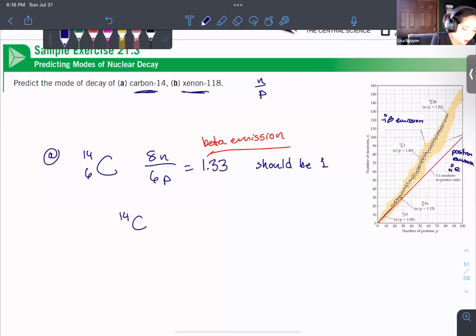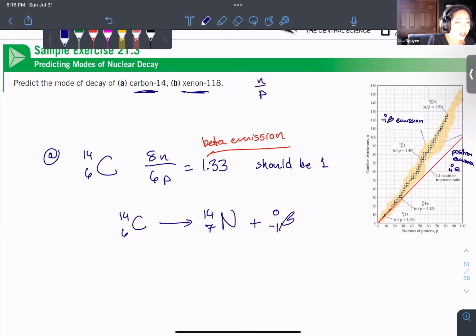So if carbon-14 is undergoing beta emission, we are emitting a beta particle, which is 0, -1. The missing piece here: I need to have 7 protons in order for these two numbers to equal 6. And then our mass number does not change. Based upon the number of protons, I recognize that that is nitrogen, so nitrogen-14.